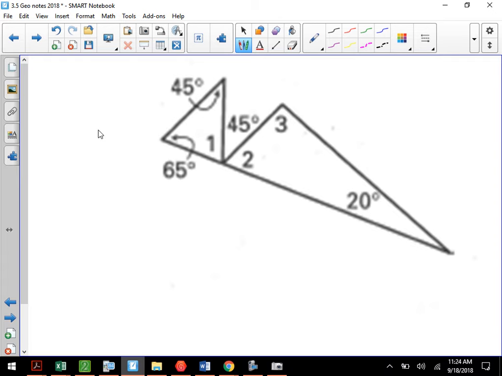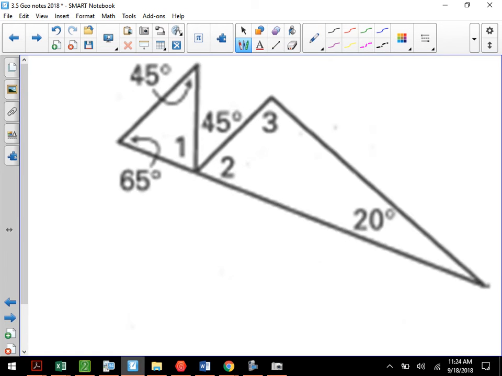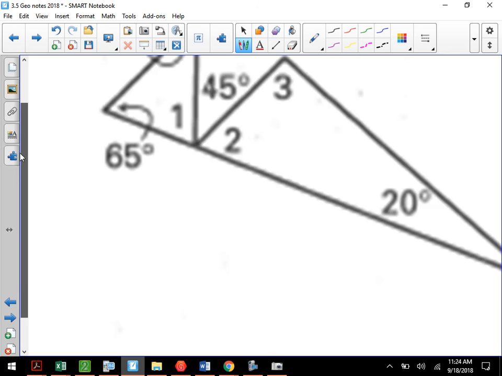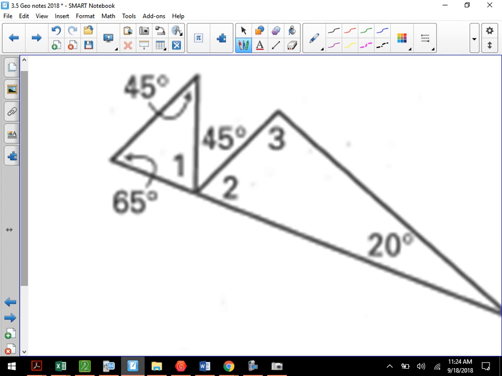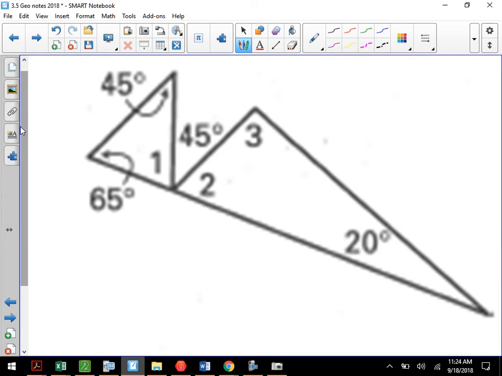Why can't you? There's no gap. There's two, oops. Yeah, no, there's two triangles, but the wedge here tells you how many degrees are there.